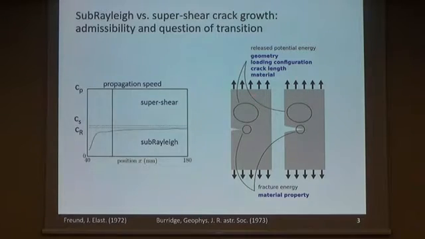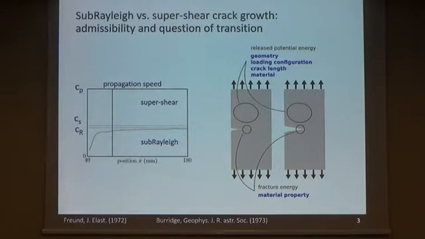And then on the other side, you compare it with the energy that you have available, which is this released potential energy that depends on many different things like the geometry, loading configuration, crack length, and material, and so on. Now, if you compare those and you do the statics, you can see if you have propagation or not, but you actually can do dynamics as well. And if you compare those energies, it tells you that you have energy dissipation at the crack as long as you stay below CR.